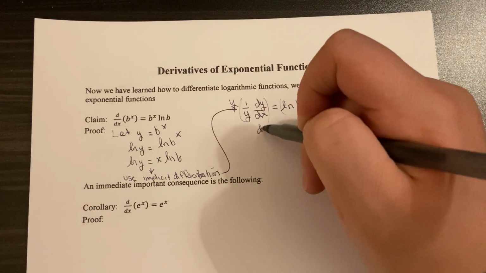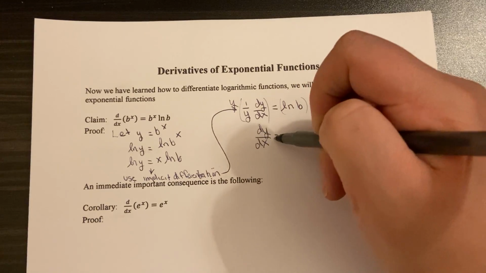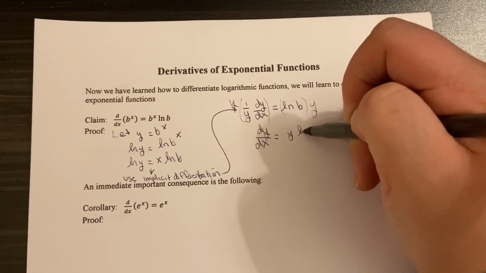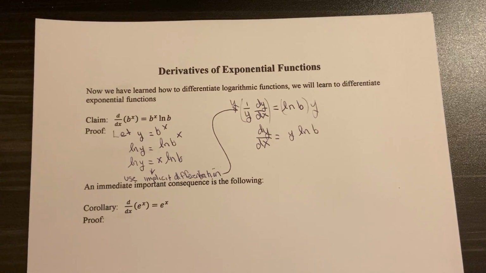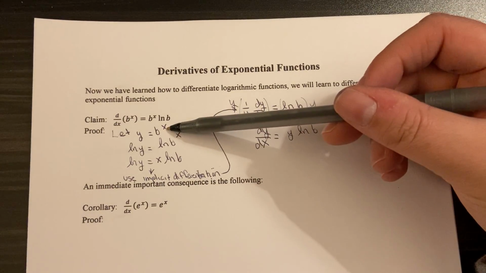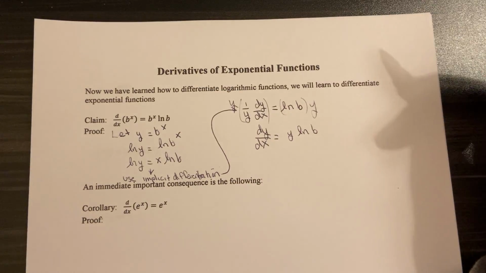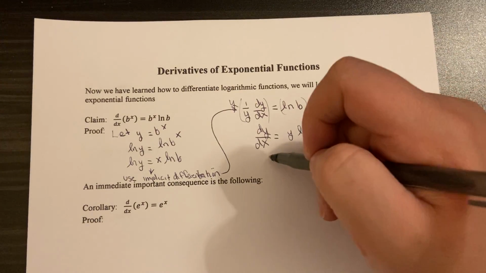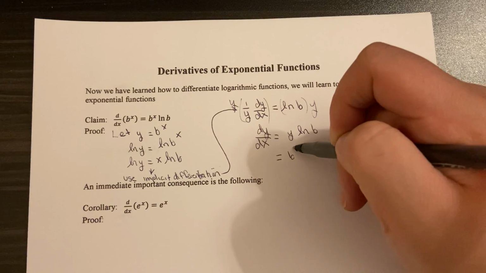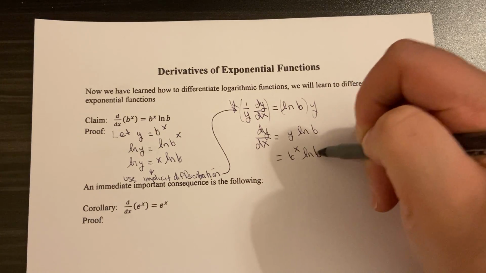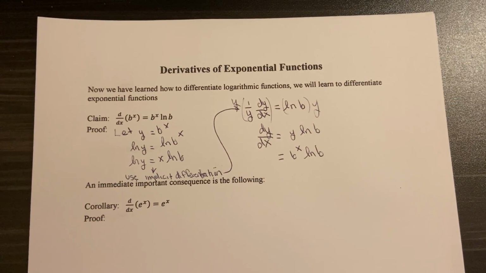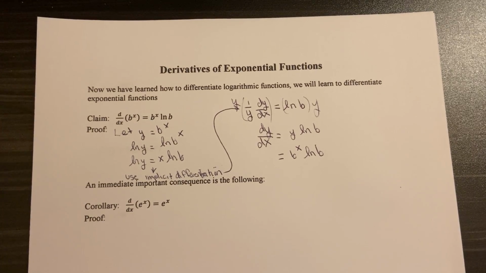And I get that dy dx is going to be y ln of b. And y, we already said in the beginning, we let it equal b to the x, right? So that means that we end up getting b to the x ln of b. Now, will you ever have to actually do that anywhere on the exam? No, but that's technically the formal proof you'll see in a textbook of how they say that's why the derivative is the way that it is.